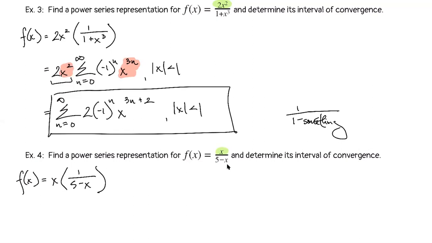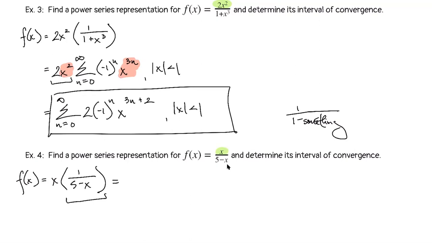So how can we modify what we have here, not the whole thing, but the thing in the parentheses, so that I get 1 over 1 minus something, not 1 over 5 minus something? Take 1/5 out. Yeah, we could pull a 5 out all the way, and then we would have a 1 in the place where there's a 5. Very good.